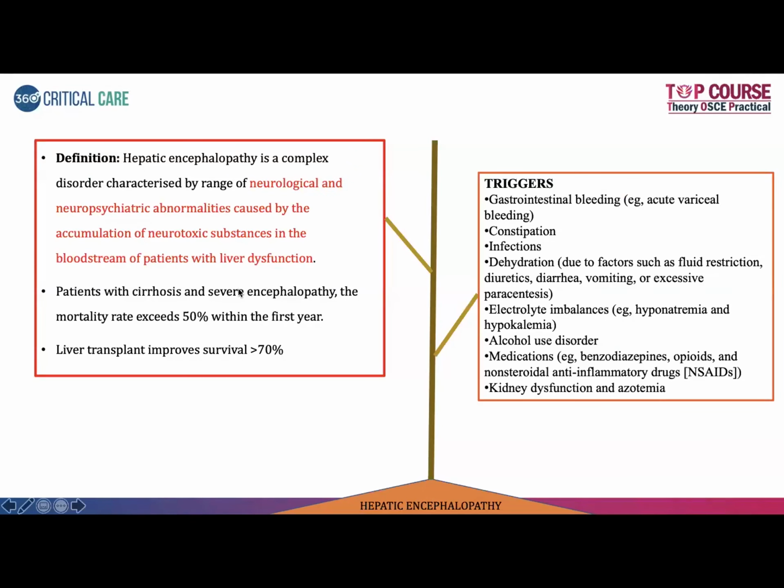So how will you diagnose? Perform a diagnostic paracentesis, send it for cultures, and also send blood cultures. You look at the cell count and the protein. If the neutrophil count in the ascitic fluid is more than 250 per cubic millimeter, it is diagnostic of spontaneous bacterial peritonitis.